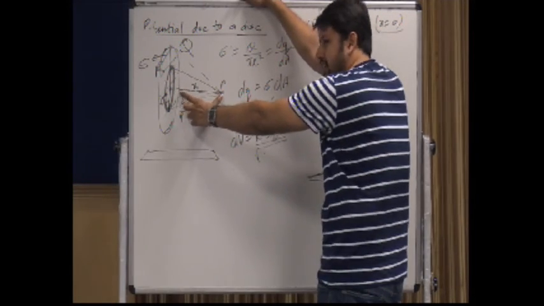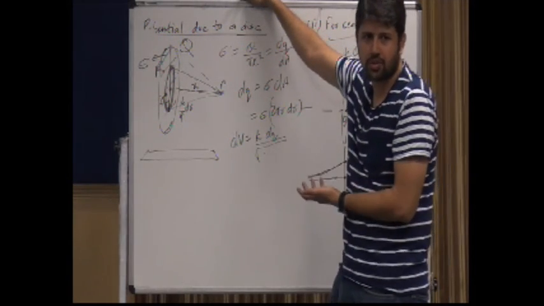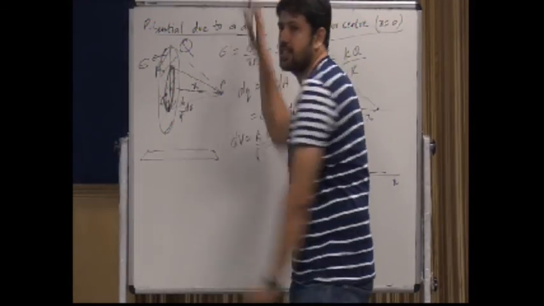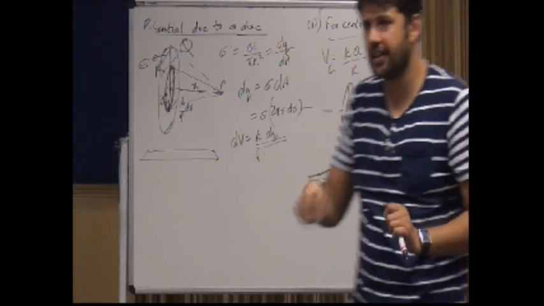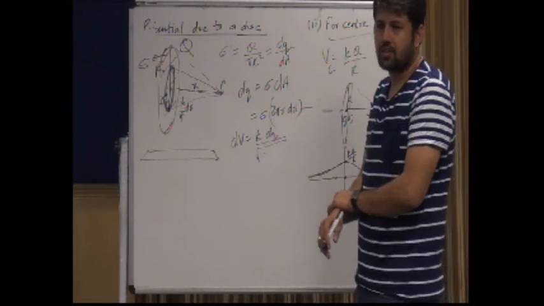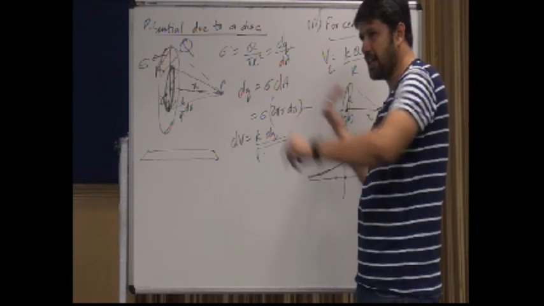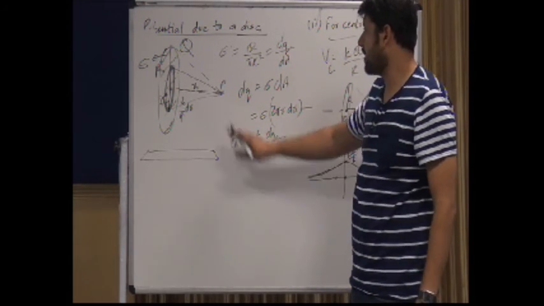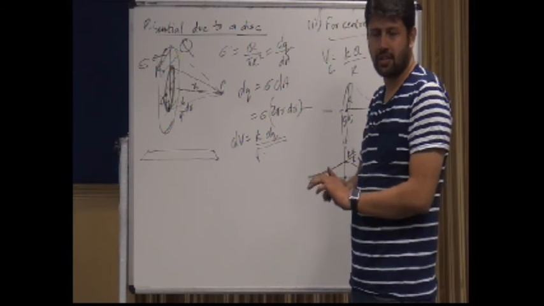So I am taking x the same for this question as well. The ring has radius small r and its thickness is dr. I am taking radius small r here this time. So this would appear similar to the previous scenario. Now for the disk, this would be the scenario.